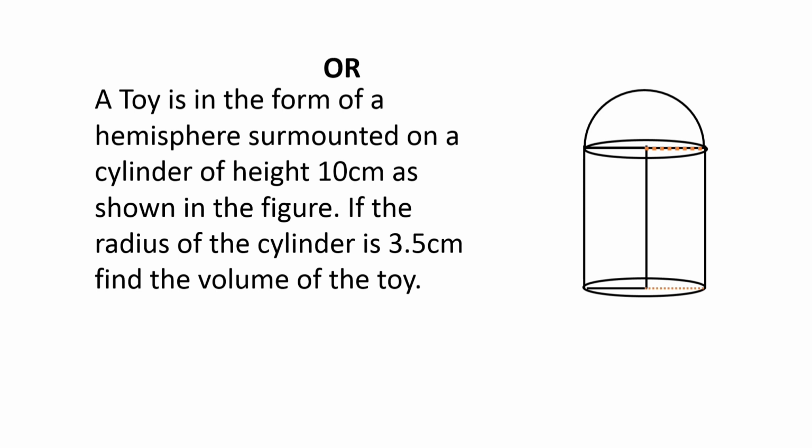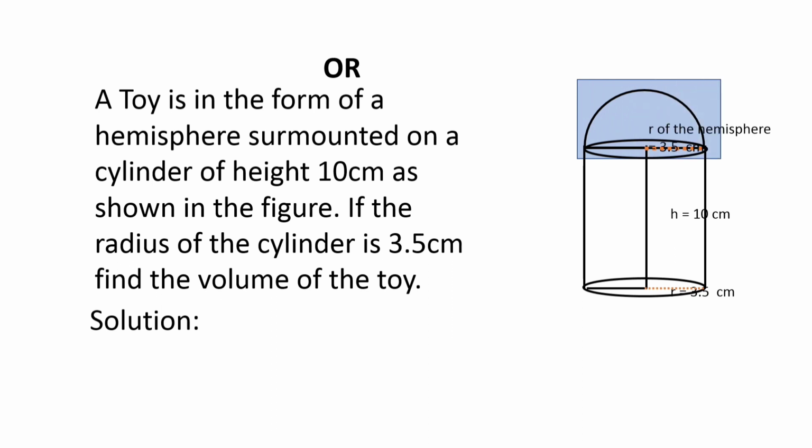Hemisphere surmounted on a cylinder of height 10 centimeter. If the radius of the cylinder is 3.5, we have to find the volume of the toy. But we have to know the radius of the hemisphere also, that is equal to 3.5 since the cylinder and hemisphere stand on the same base.